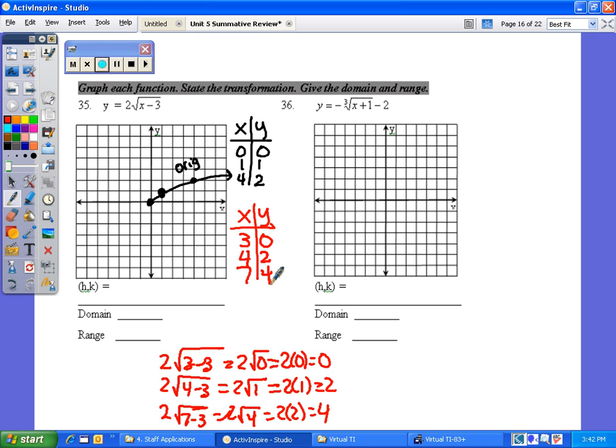Okay, so now that I have these 3 points, I'm going to plot those. So this, my starting point, is my vertex. And remember, your vertex comes from here as well. Opposite and same. So I go to 4, 2, which I already have here, and 7, 4.